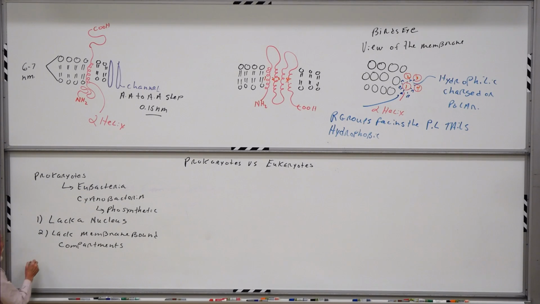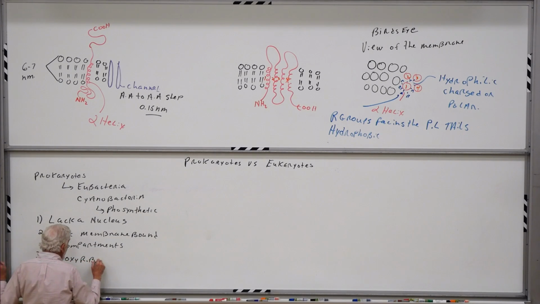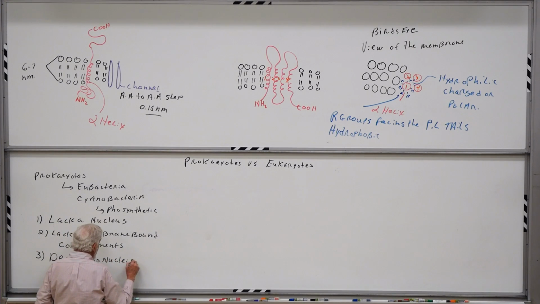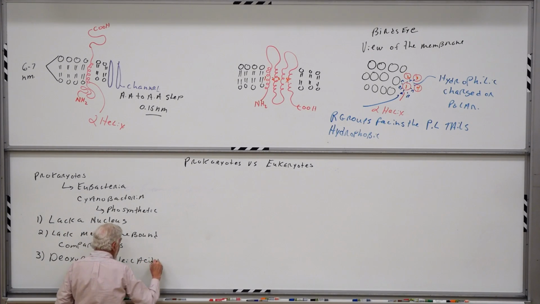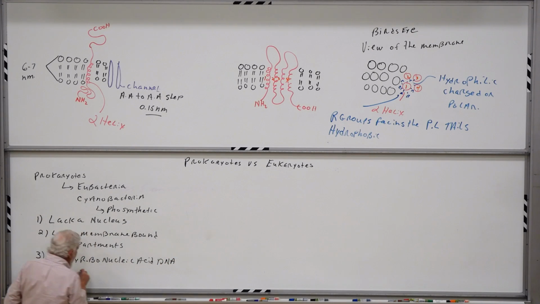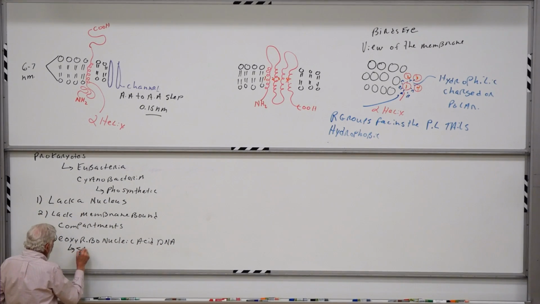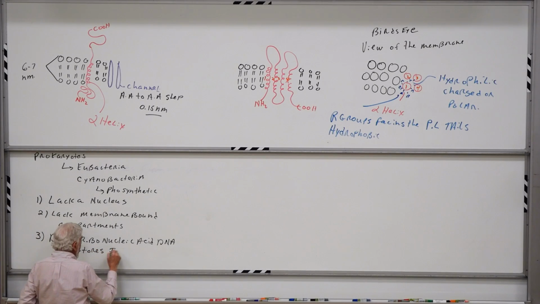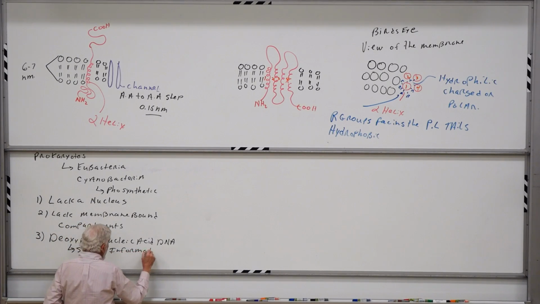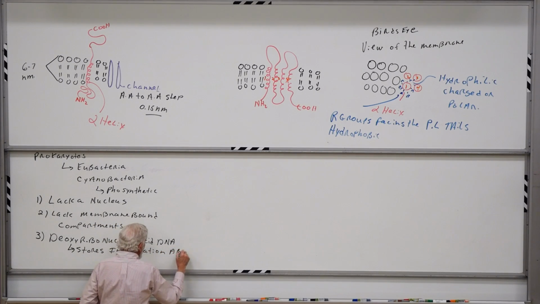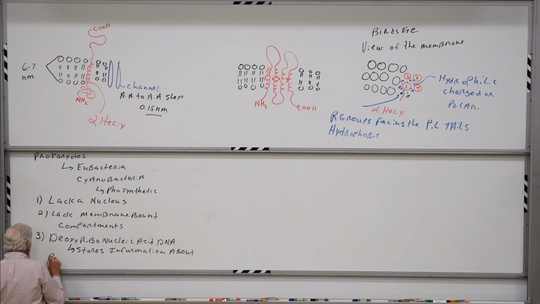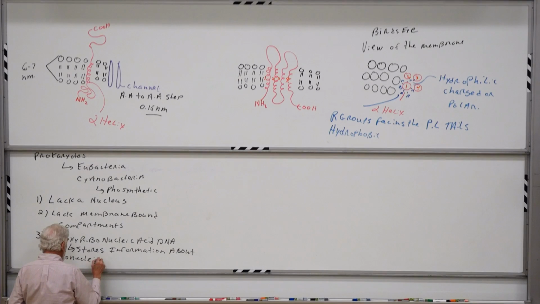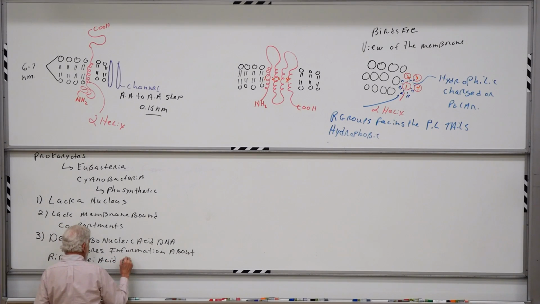But what they have in common with eukaryotes is that they contain DNA, deoxyribonucleic acid, which is DNA. And the deoxyribonucleic acid stores information about ribonucleic acid structure.